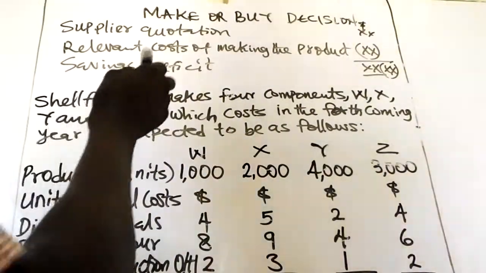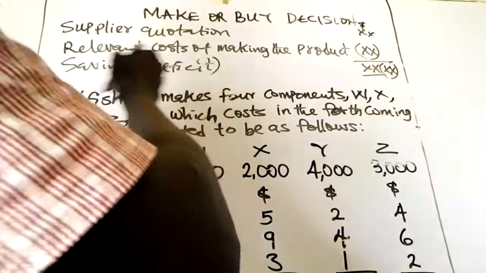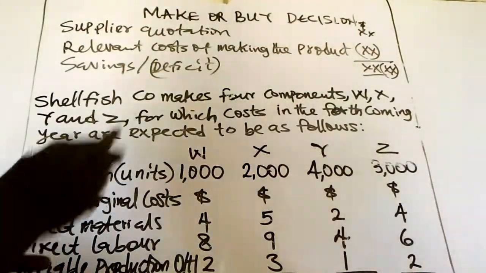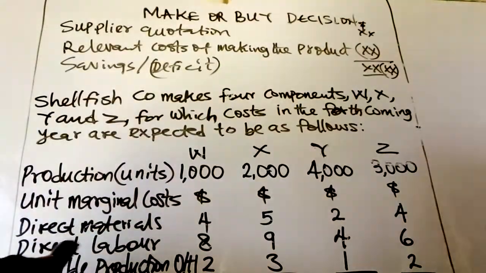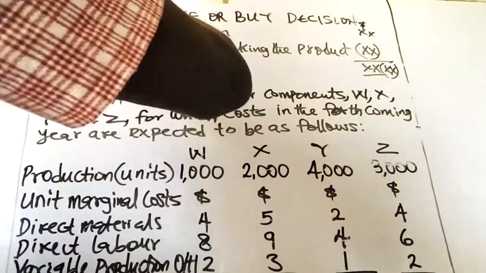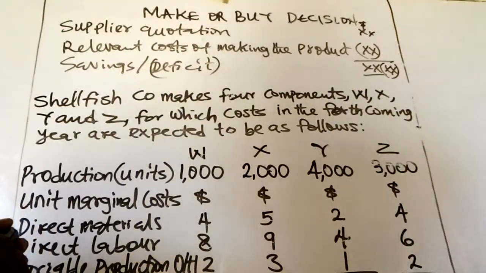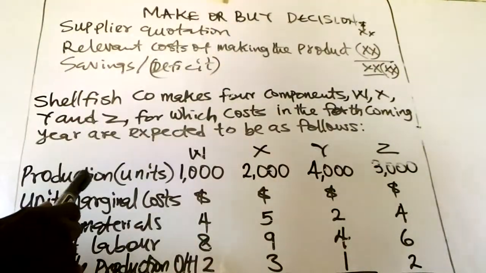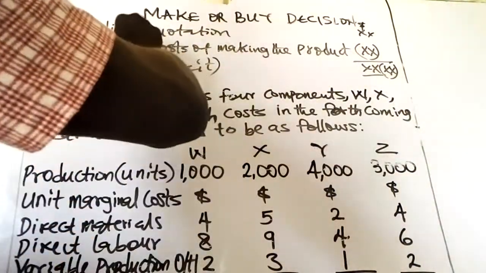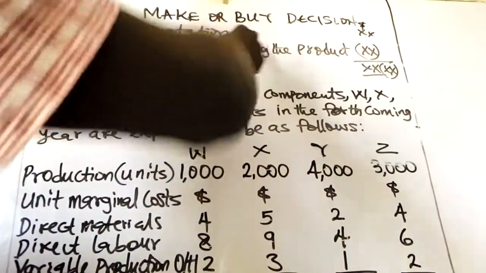Where the supplier quotation exceeds the relevant cost of making the product, then the product should be made.